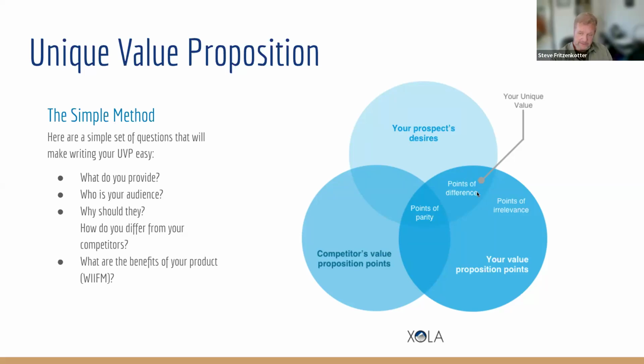But notice this is our prospect circle, this is our circle. There's an intersection only between these two, not with our competitors. What do we offer that our prospects want, that our competitors can't offer?